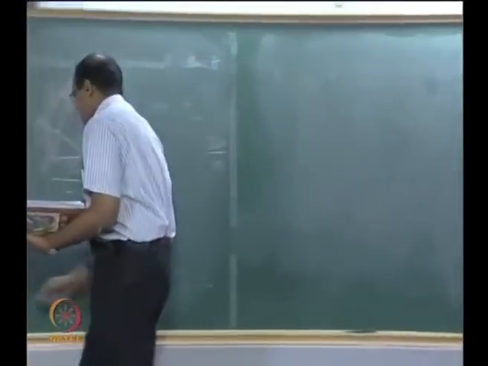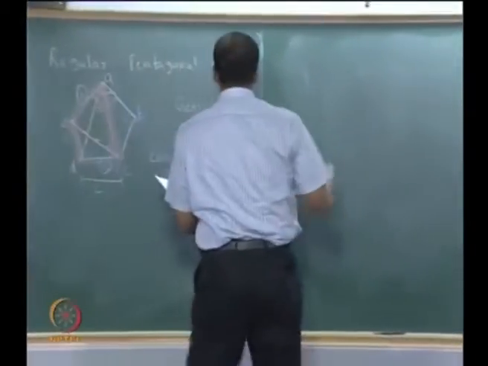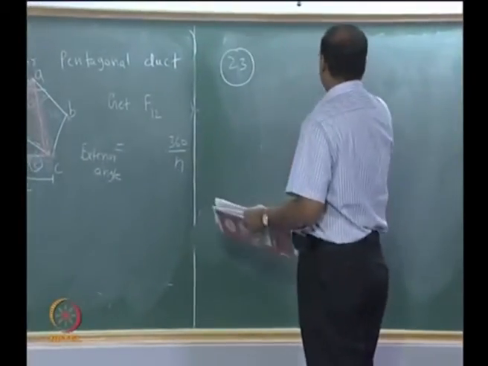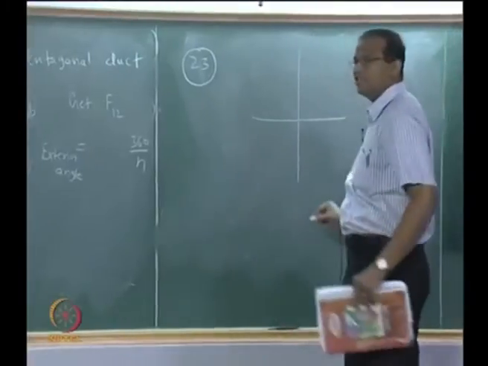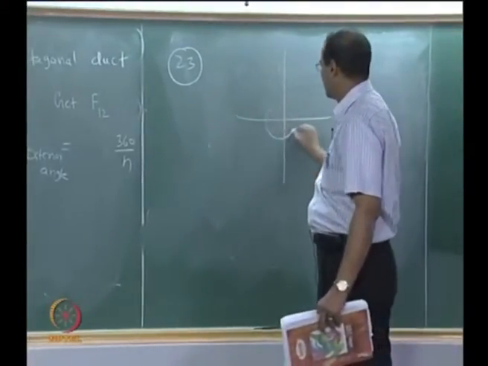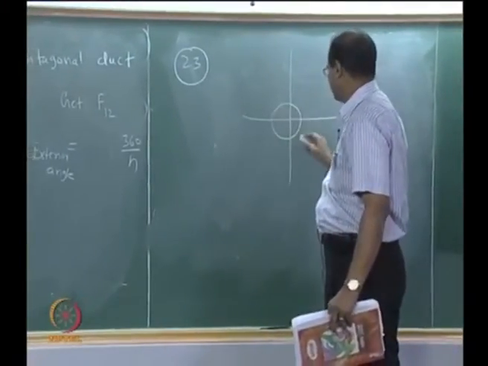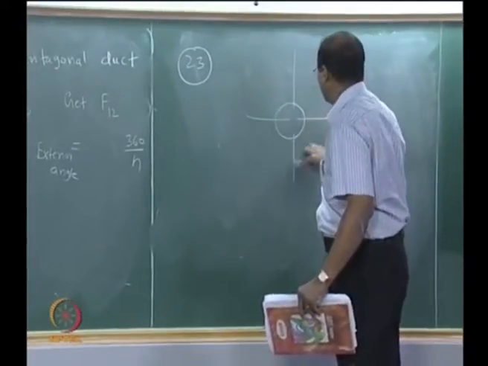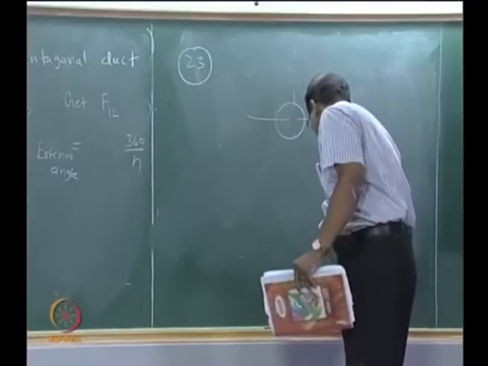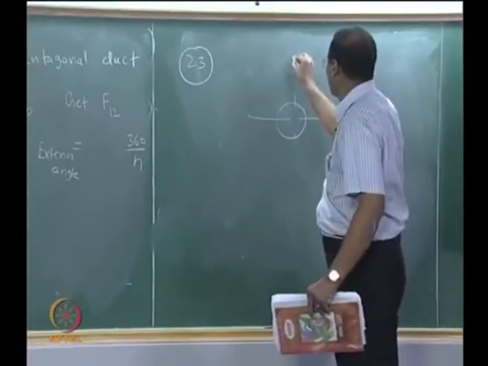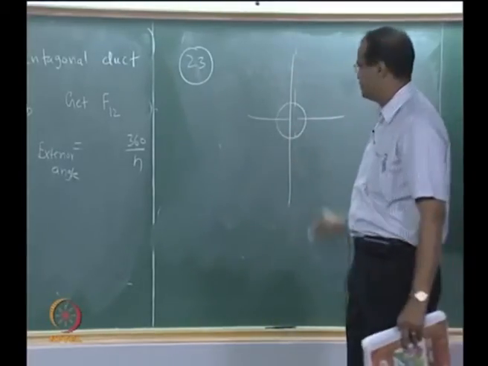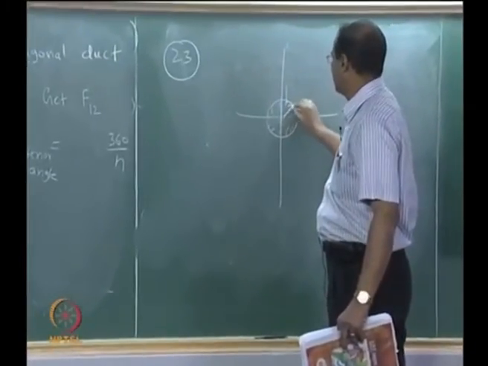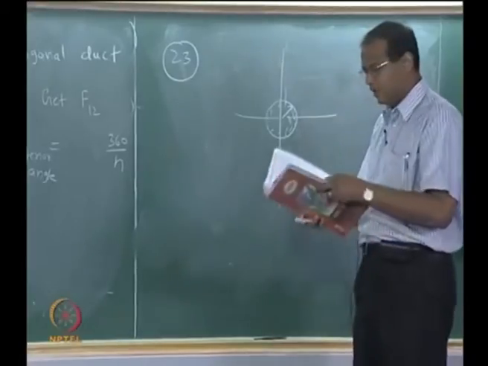Let us consider another situation. So there is a circular duct, do not worry about the radiation activity inside, it is R1, okay.